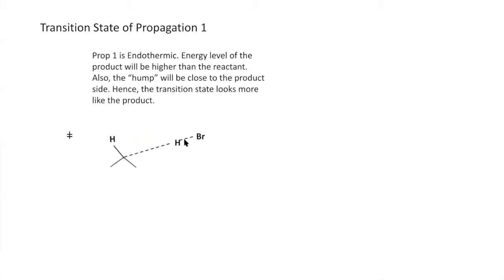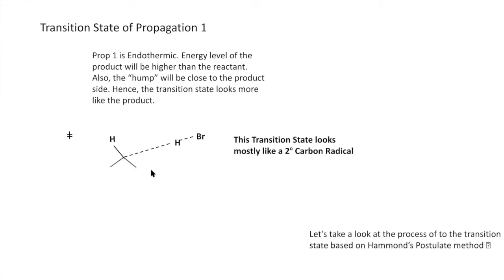It's almost completely broken, and the HBr short, almost formed. So this transition state, because this carbon-hydrogen bond is almost completely broken, is going to look mainly like a secondary carbon radical. It's going to look right there. And we know secondary carbon radicals are pretty stable. They have 2 sp3 carbons donating to them.